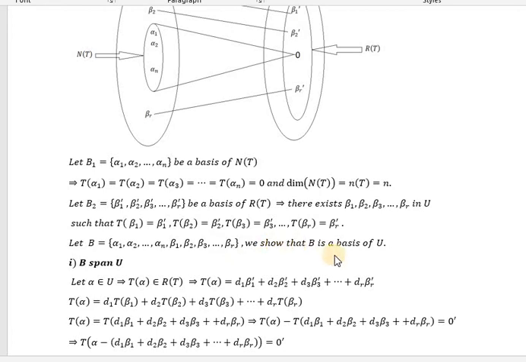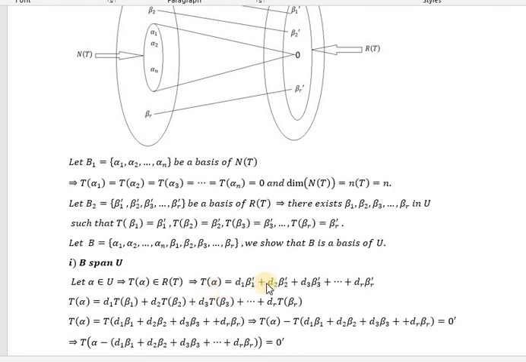To show that B is a basis of U, we have to prove that B spans U and B is linearly independent, then only B will be the basis of U. First let us show that B spans U. Consider one element alpha belongs to U, which implies that T of alpha belongs to R of T. Since T of alpha belongs to the range set, then T of alpha can be expressed as a linear combination of its basis vectors.